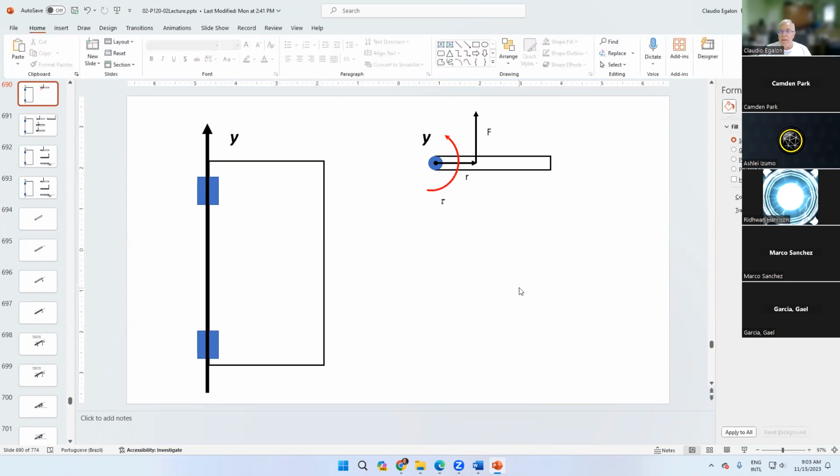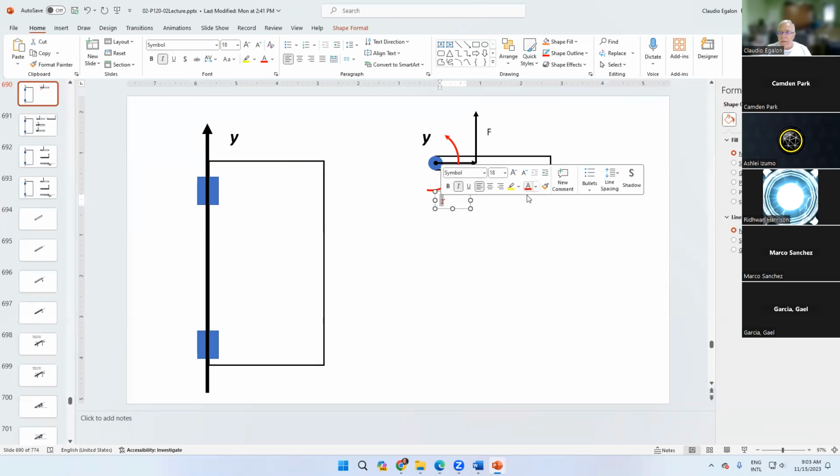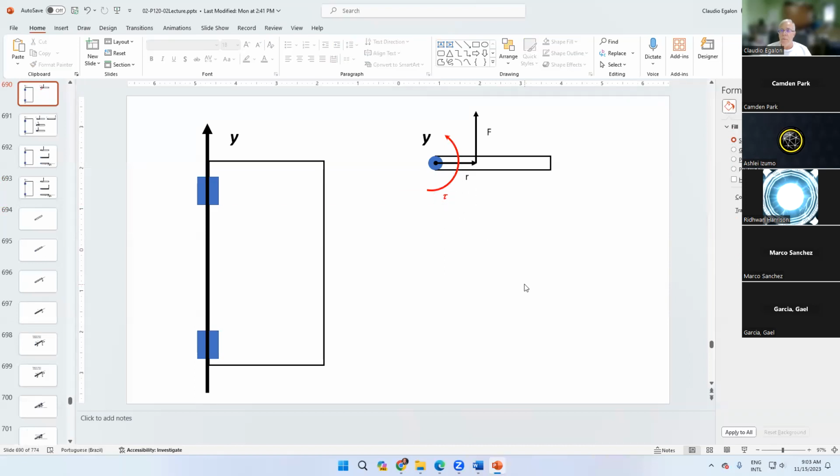Here you go, that's the torque. I will make this one red as well, in boldface.